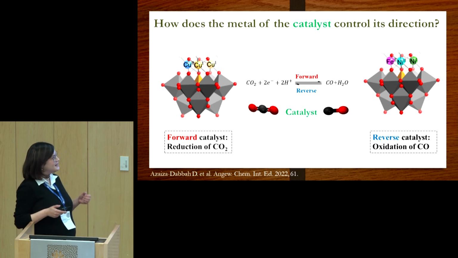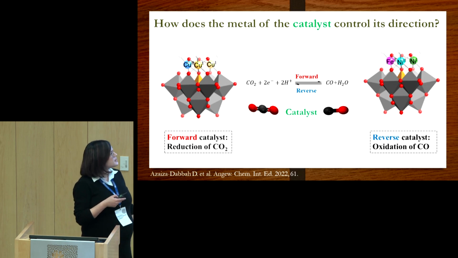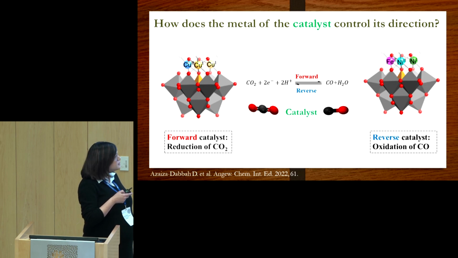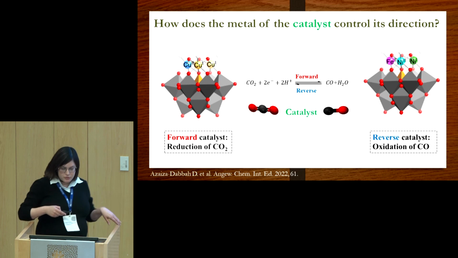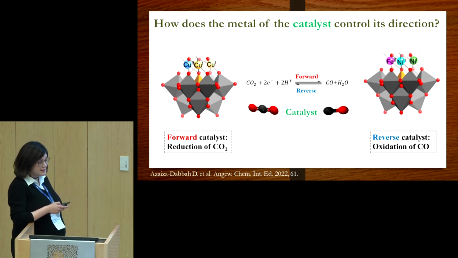So after deep thinking and investigation, we succeeded to understand that every CO that we produce from the CO2 here immediately reverses to be CO2 again. And that, of course, reminds us of the functional model of the enzyme from nature.